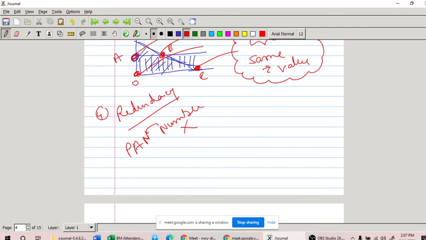So in a system of linear equations, if there is any constraint which is not causing any difference to the problem, it is redundant, so we call it a redundant system. Example: you have this constraint, there is another constraint, and this is also a greater than or equal to constraint.